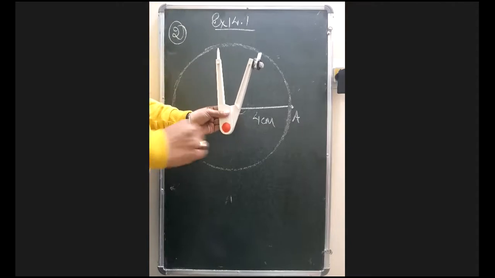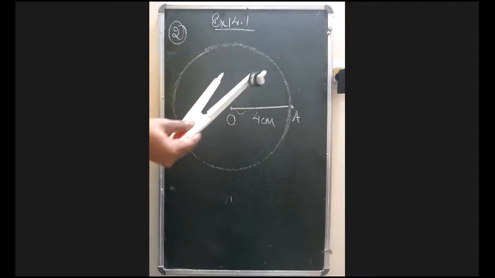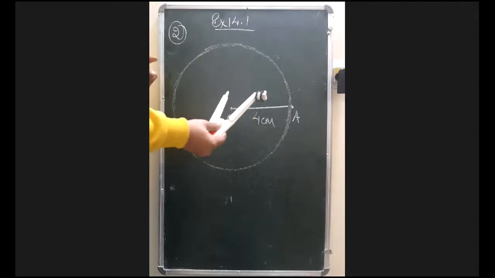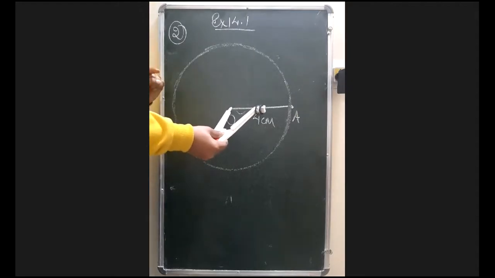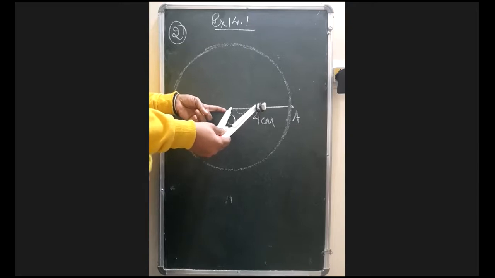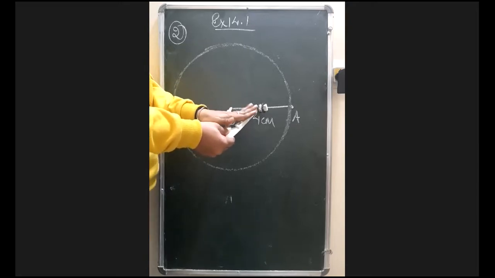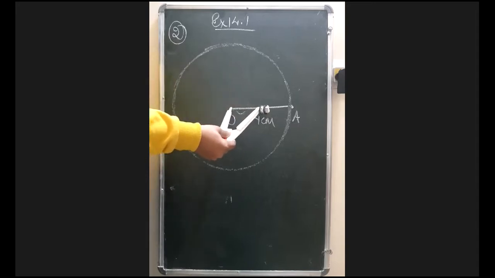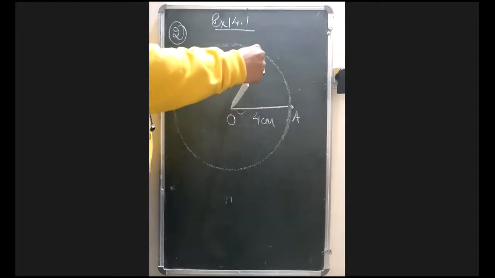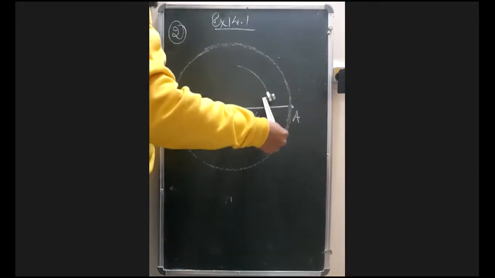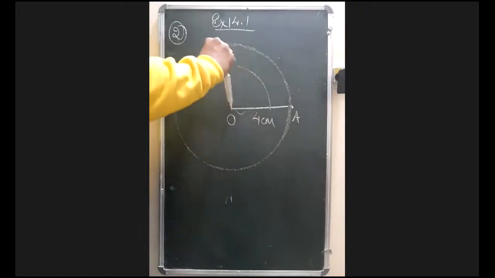Okay. Now what I will do, the center should be the same. So I will put my needle on O only. The needle will be on O and my compass is open to 2.5. So I will put my compass needle on O and draw a circle now without changing the position.